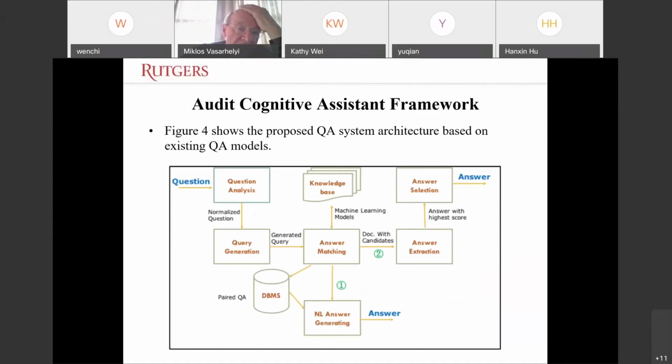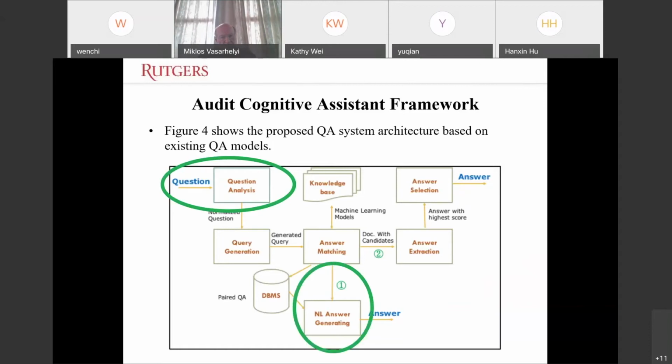The last figure, figure 4, shows the proposed QA system architecture based on the existing QA models. First, users can ask questions that are normalized to be accessible for the query generation. If the QA system can find the answer in the relational database, such as the traditional domain QA system, then the NL answer generating module will generate an answer to the user.